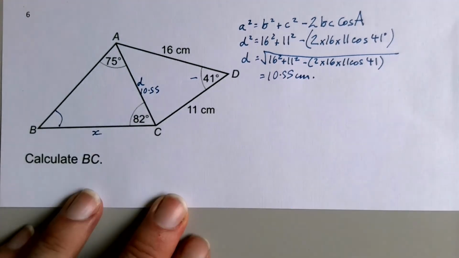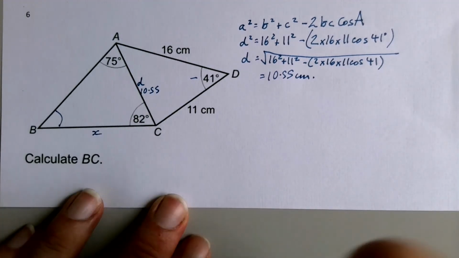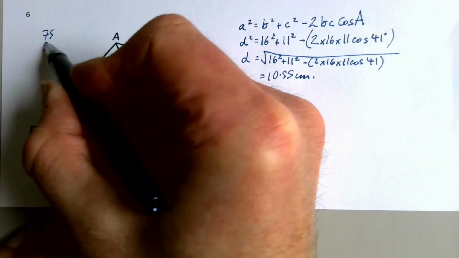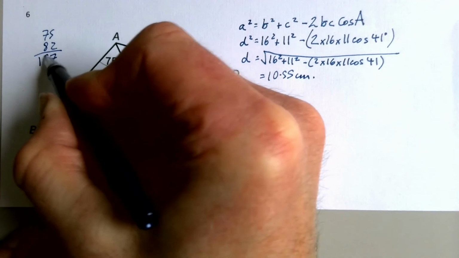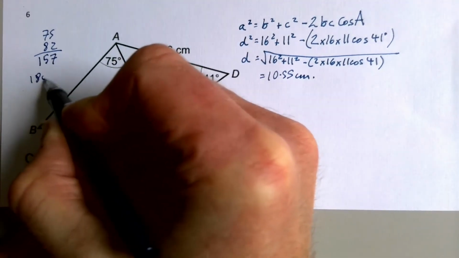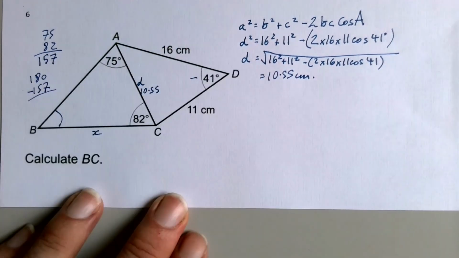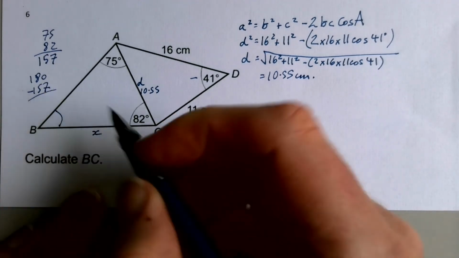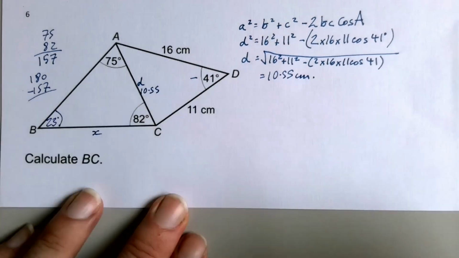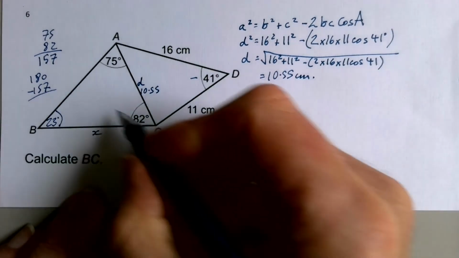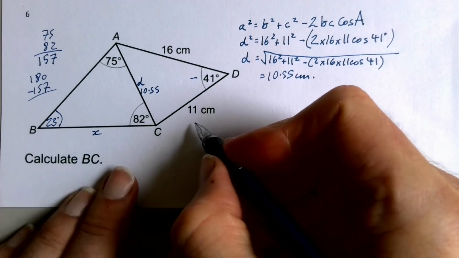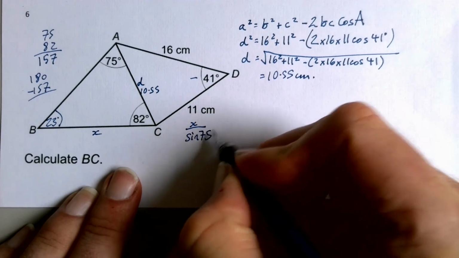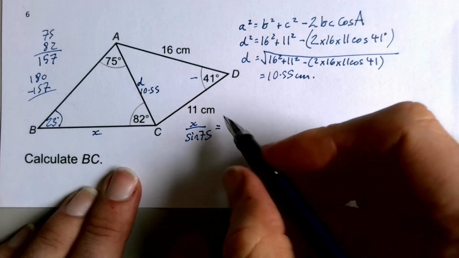Well, I know two angles, so back to year 6 stuff, or even earlier, add 75 and 82 gives us 157. 180 take 157, well, let's count up from 160 would be 20, so it's going to be 23 degrees.